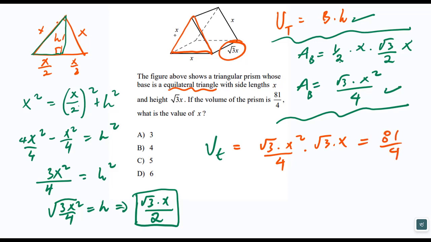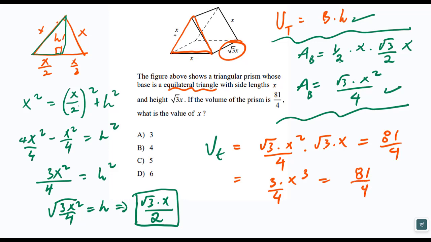With that being the case, I can do my basic simplification. The square root of 3 times the square root of 3 is simply 3, and x squared times x is x cubed, all divided by 4, equal to 81 over 4.